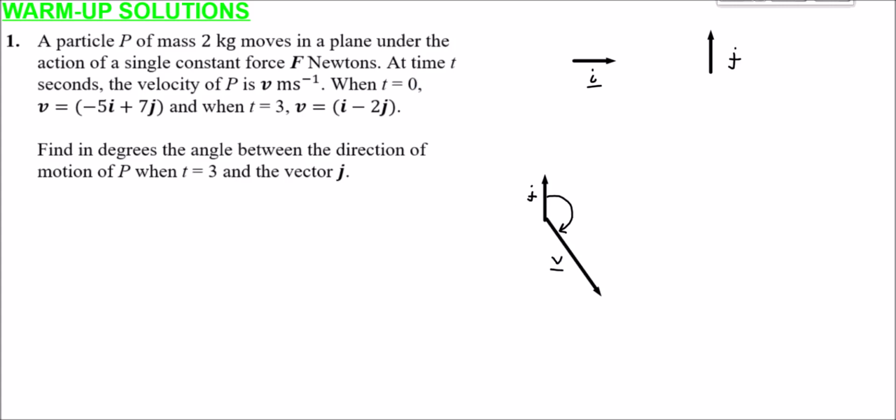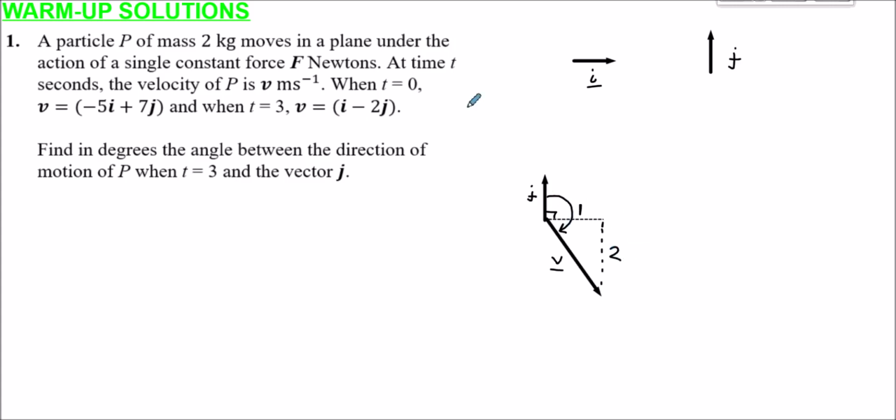So just to add a bit more detail into this diagram, if I just do a dotted line across like this, we can hopefully see now that this is going to be a right angle, and this here, if I just think about in terms of a right angled triangle, i minus 2j, so that's 1 and 2.